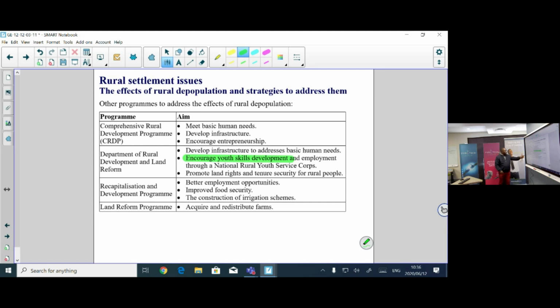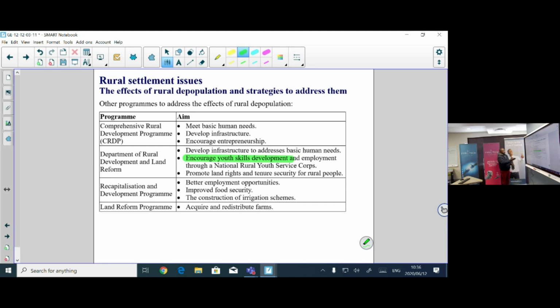Then we have the Recapitalization and Development Program, which is aimed at better employment opportunities, improved food security, the construction of irrigation schemes. Then we have the Land Reform Program, which is to acquire and redistribute farms.